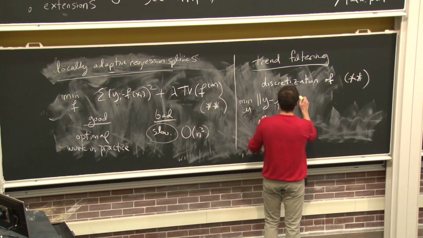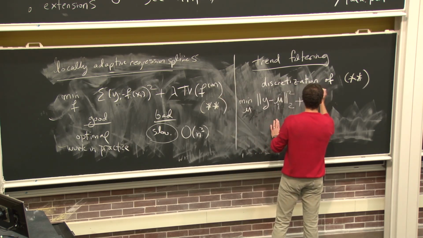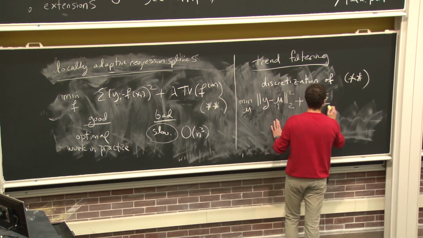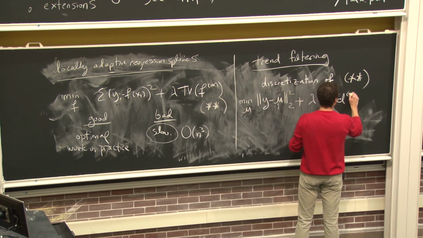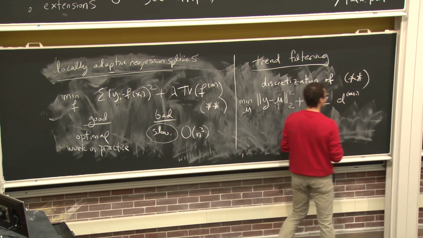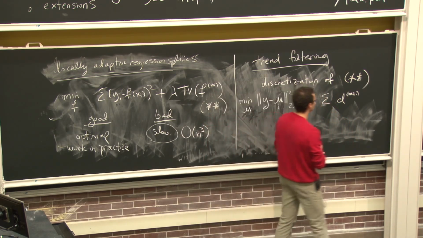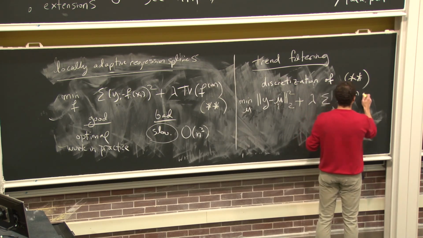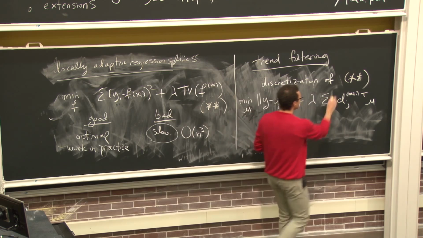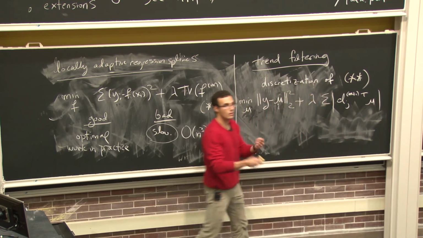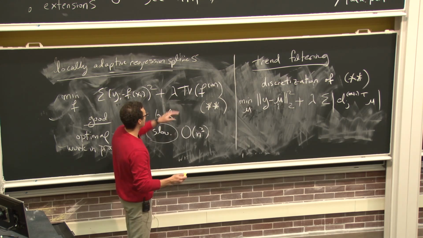But instead of using the total variation, trend filtering just looks at the sum of some discrete derivative operator of order m plus 1. That's just some linear function, transpose mu. So in order to estimate derivatives, it just does so in a discrete sense. It looks at local differences of the parameter vector mu in order to estimate derivatives.